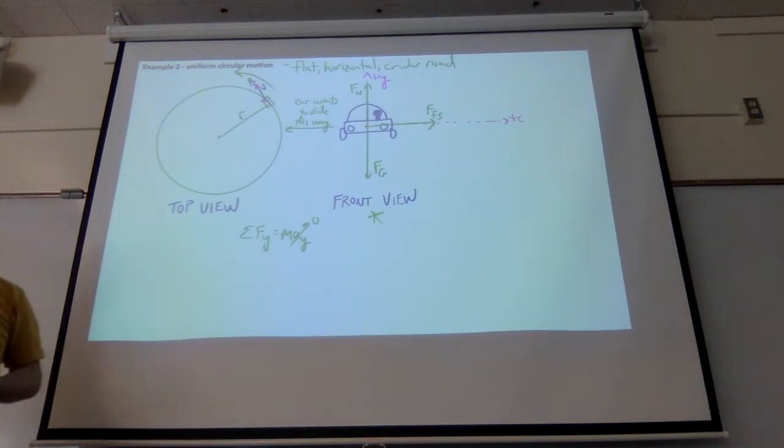No up and down motion. So I've got normal force, that's vertical, up, and then gravitational force down, equals 0. So we could really just finish this out: mg, and that is our final equation in the y direction. Normal minus gravitational equals 0.